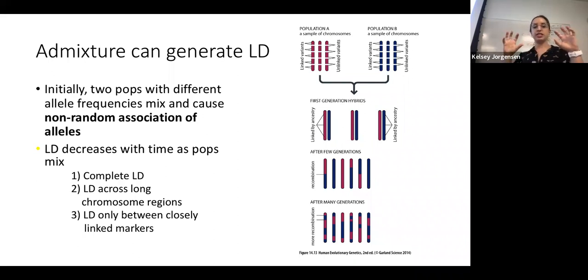Because these two relatively different populations are going to have different allele frequencies. And then when they result in, for lack of a better term, a hybrid population, right? You're going to have these alleles in a new recombinant way that has now disrupted these previous LD proportions. So when you look at LD proportions in a population you know is admixed, it can help you to some degree infer the ancestries as well. It's just like a different method of looking at that.